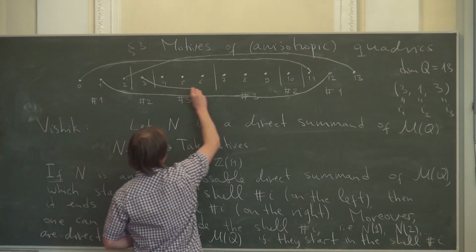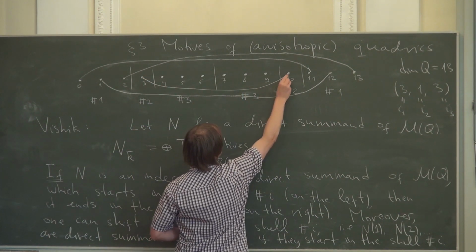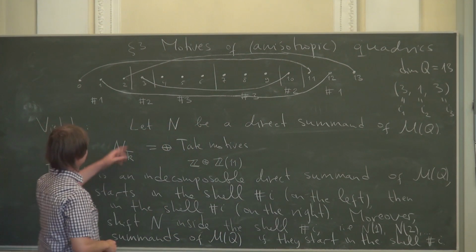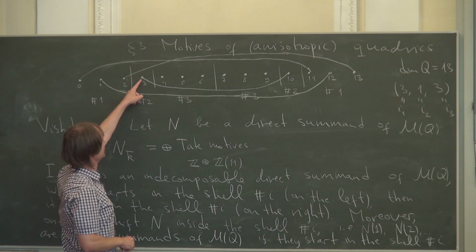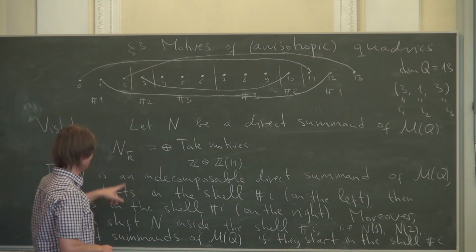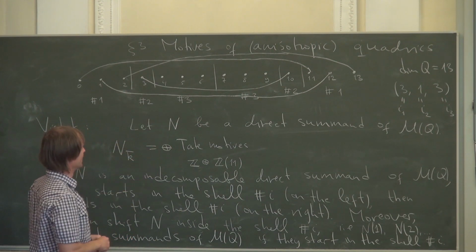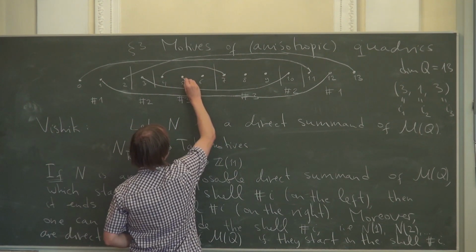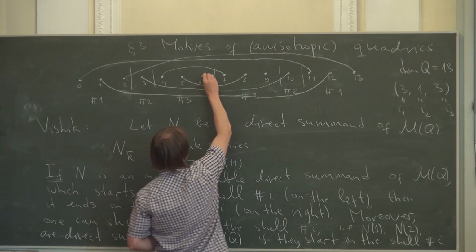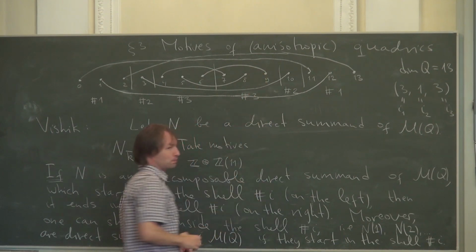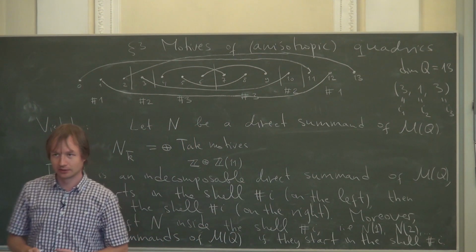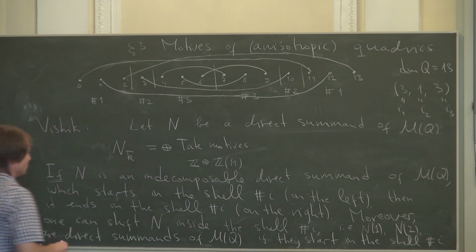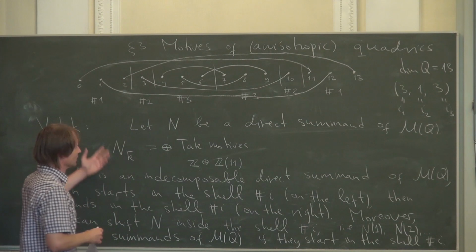So then it looks like this. Every indecomposable direct summand which contains this Tate motif over the closure must contain the other one. And here also the same, like this, and like this. So we get such a picture which gives us pretty strong restrictions on how the motif of a quadric can look.